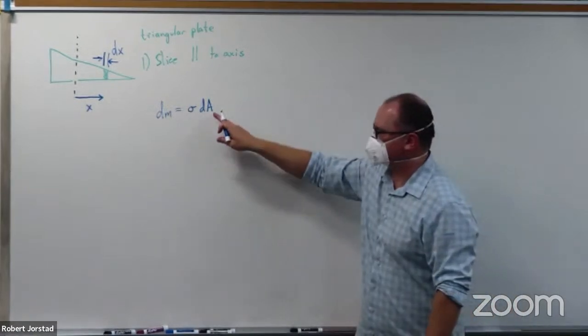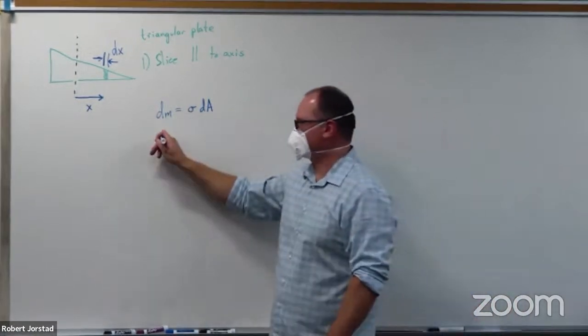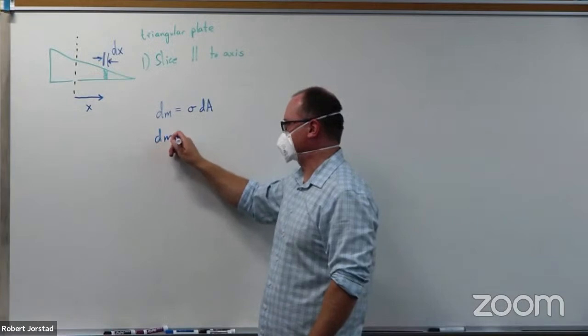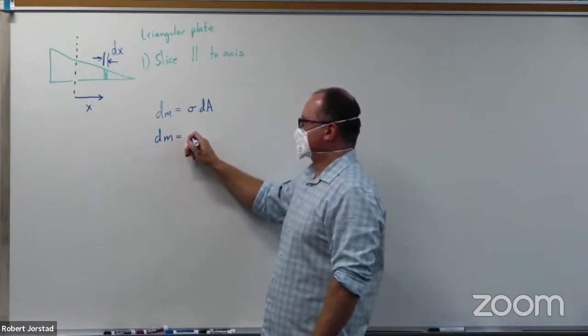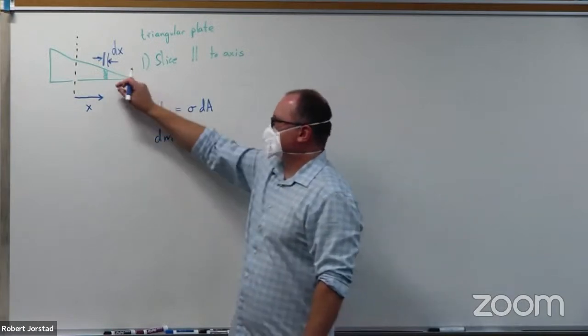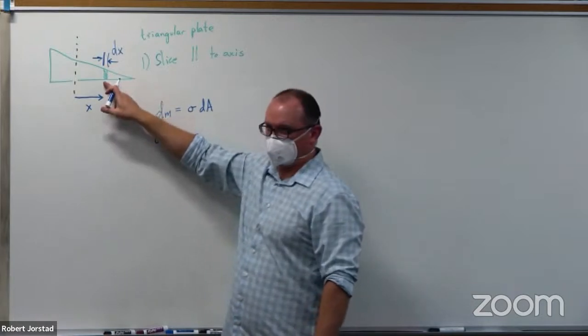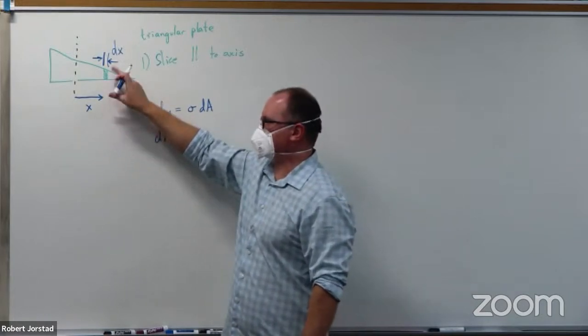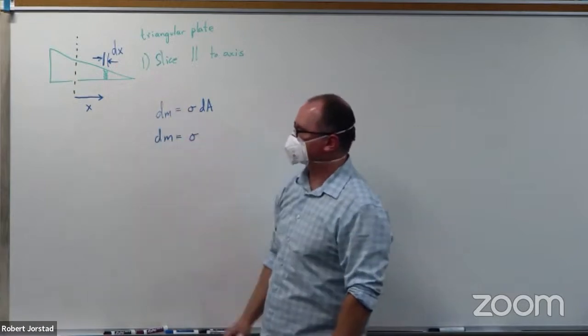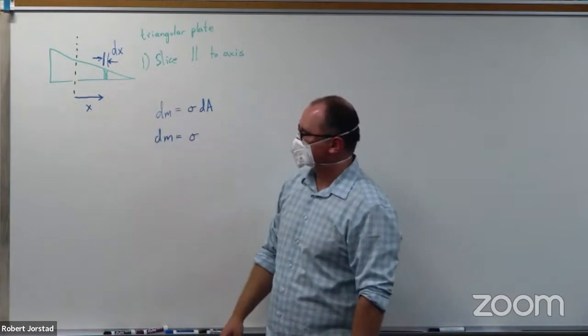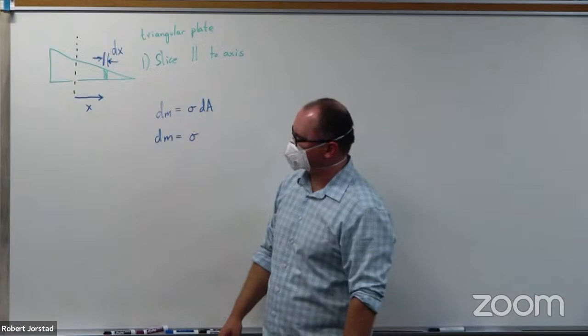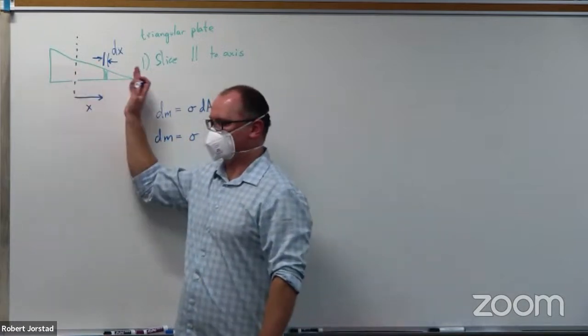But what is dA? You remember when we did the triangle center mass problem? It's an area, right? Pretend this is a rectangle. What's the height of it? What would be a good name for the height of it? Okay, is the height a constant?